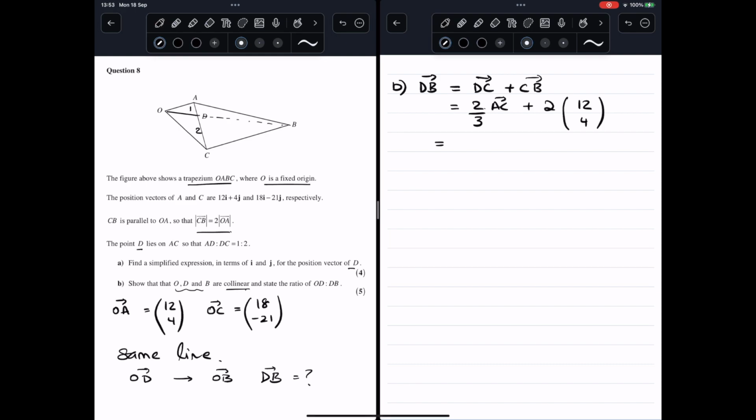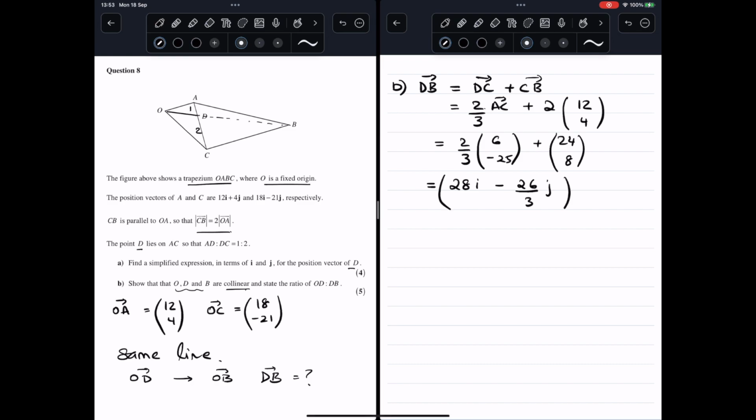Now, I already know what AC is, so 6 and minus 25. And that becomes 24 over 8, which then simplifies to 28i minus 26 over 3j. So that's my DB done, okay?